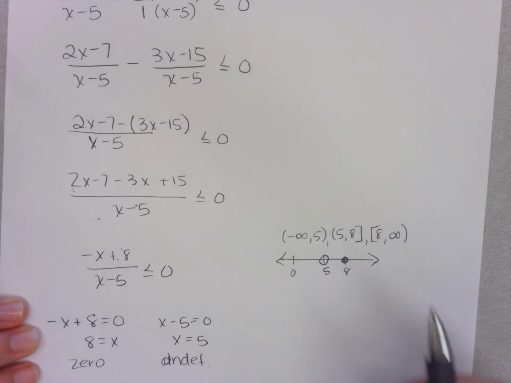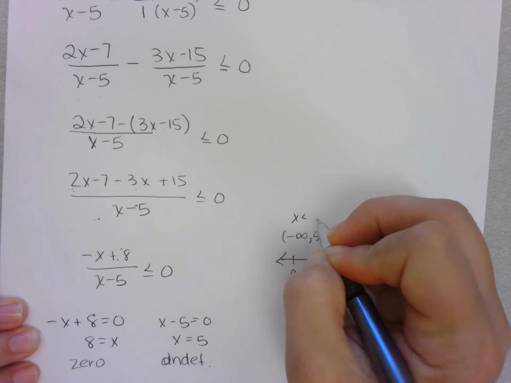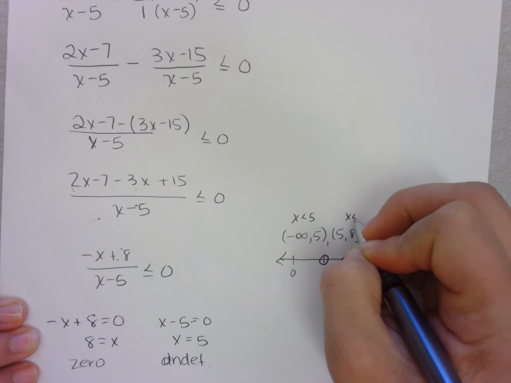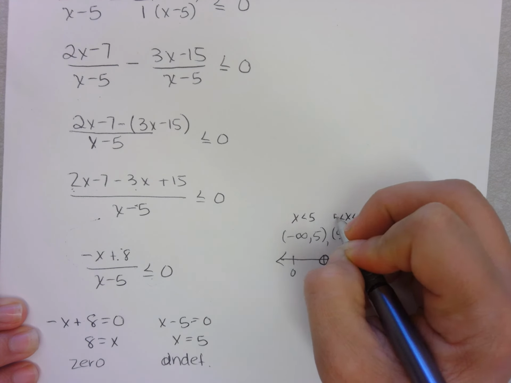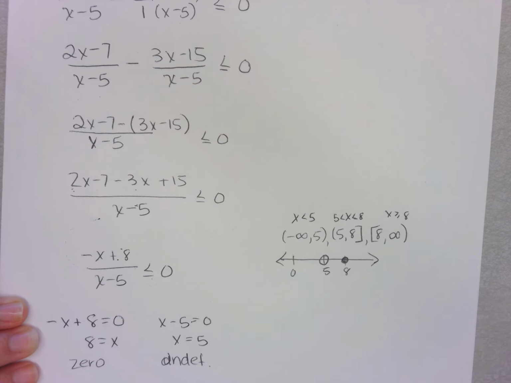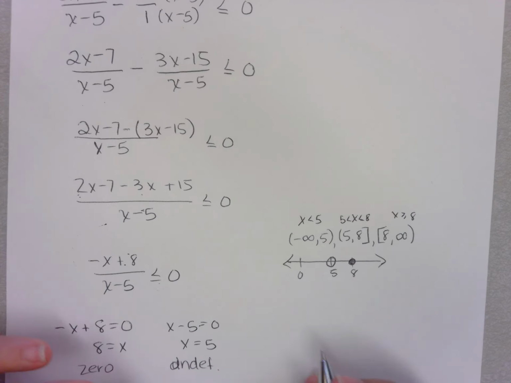So if I wanted to write these as an inequality, this would be x is less than 5, this is x is between 5 and 8, equal to 8, and then x is greater than or equal to 8. These, in some combinations, are going to be part of my solution. So I'm just kind of doing that in advance.